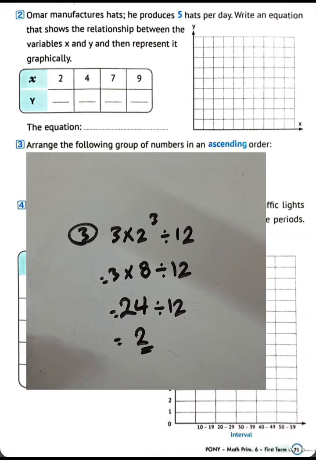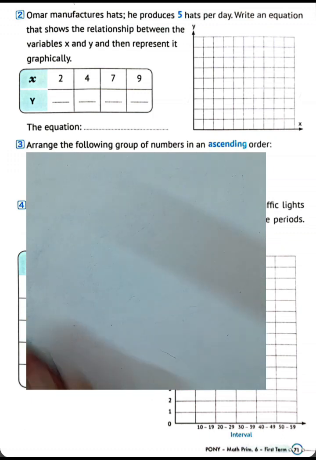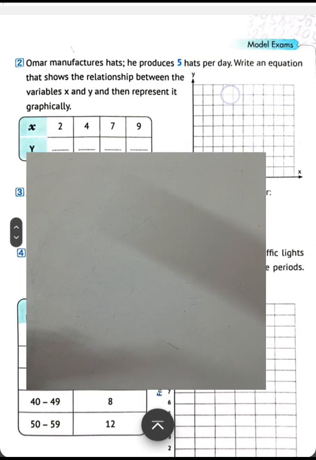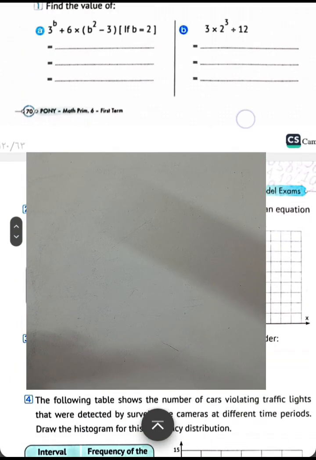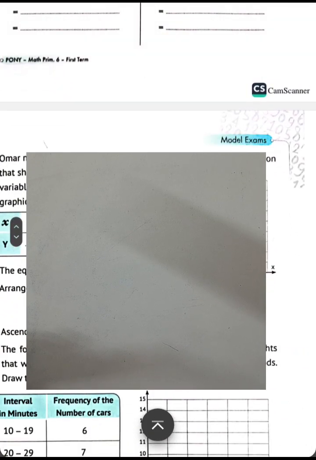Question number 2. Omar manufactures hats. He produces 5 hats per day. Write an equation that shows the relationship between the variables x and y in this example.